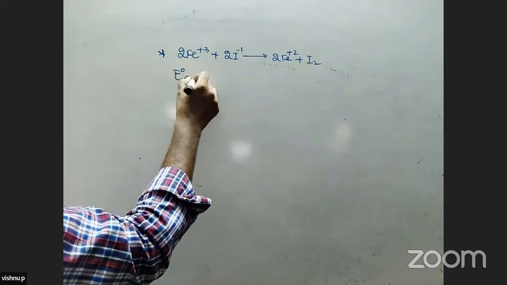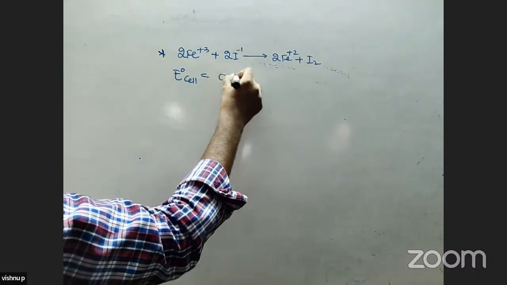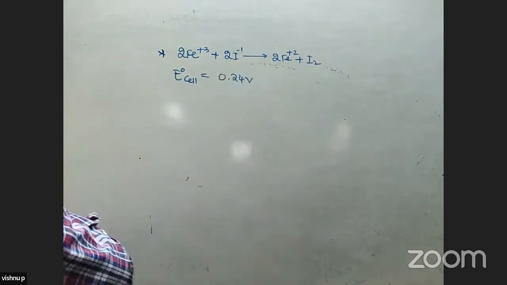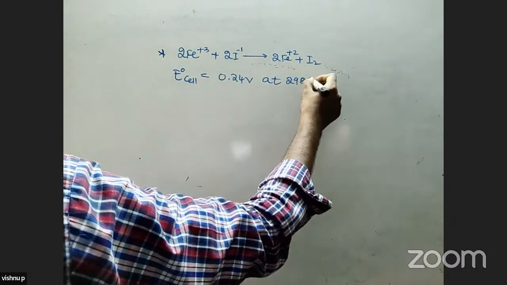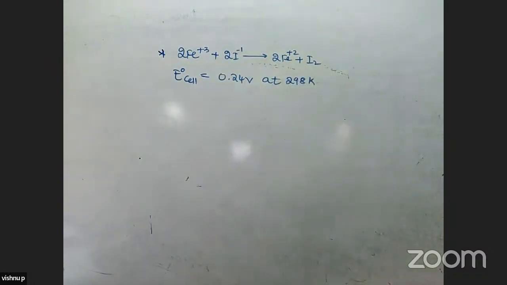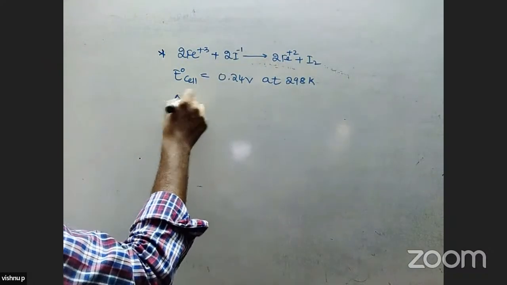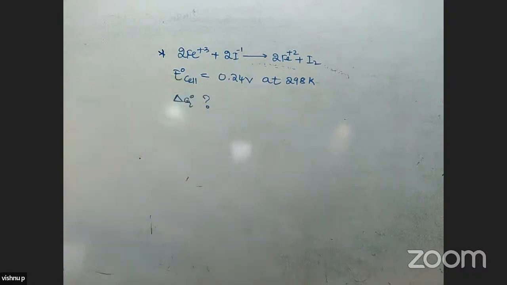E0 cell is equal to 0.24 volts at 298 Kelvin. Find out the standard Gibbs energy of that reaction.